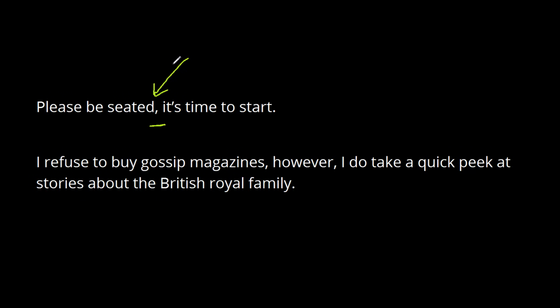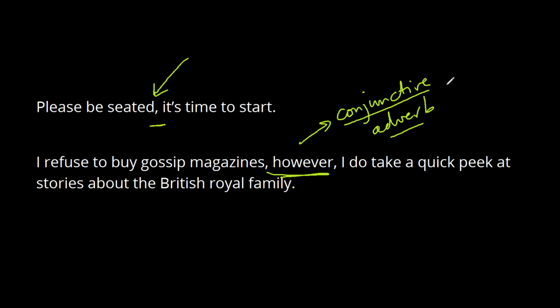Second thing to recognize is that one of the most frequent causes of comma splices is the use of a conjunctive adverb. So however is one of these examples, conjunctive adverb. And we don't have time here to review all the conjunctive adverbs. If you go to the website, there's a separate section about that.